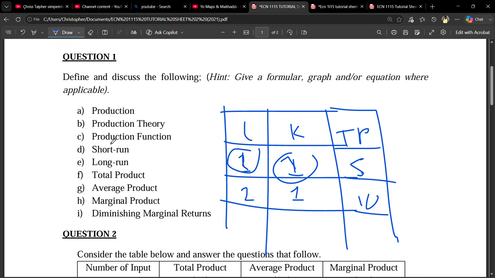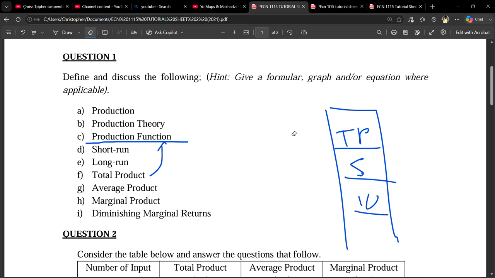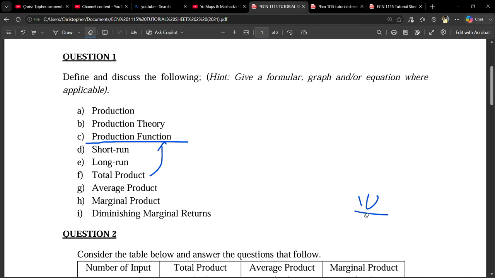It simply stands for the maximum output produced from the given level of inputs using the available technology. So total product can be explained using the production function. Nothing is complicated there. I believe we can research more about that.